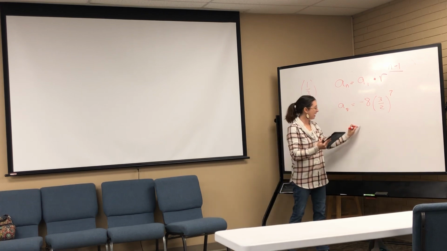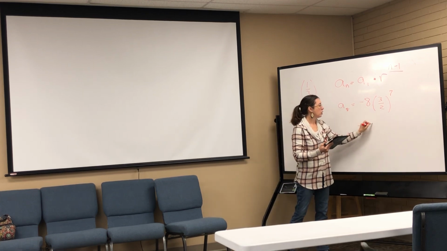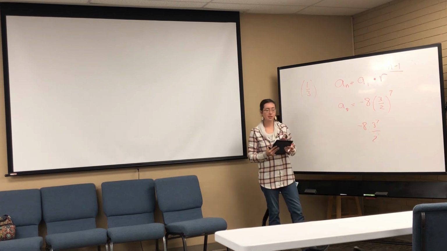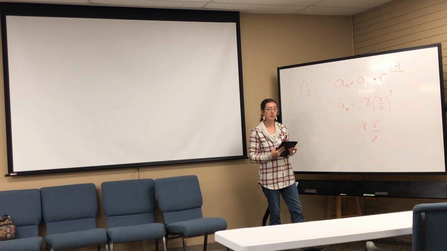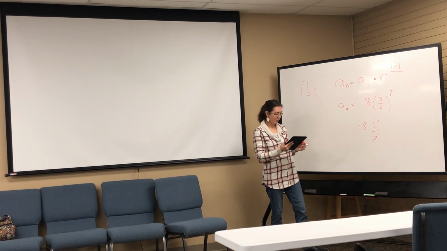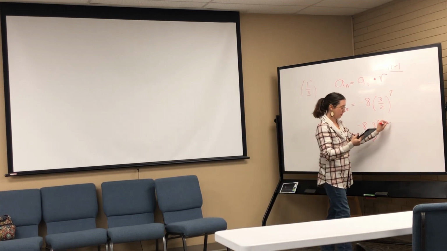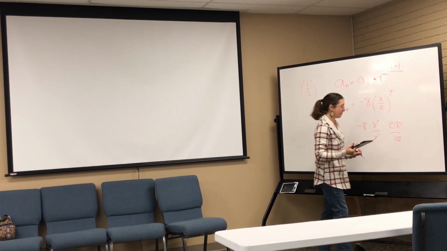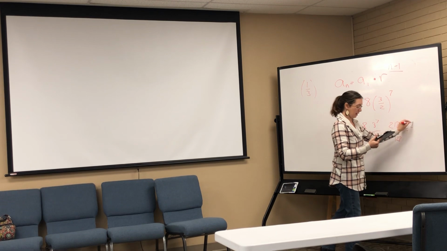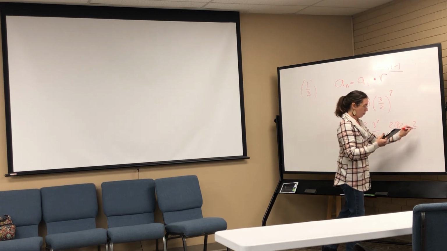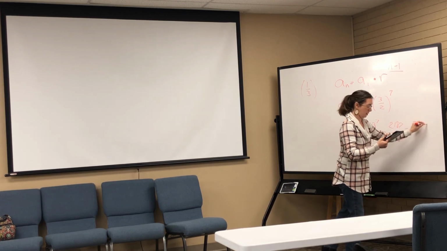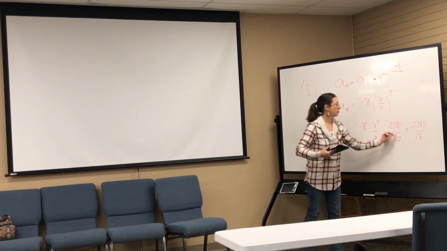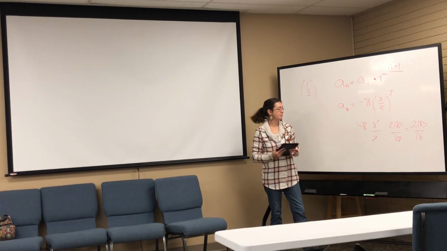So we have -8 times 3 to the 7th over 2 to the 7th. Correct? Yes. So that gives us 2187 over 128. And that is equal to -2187 over 16. Because 8 goes into 128 16 times.